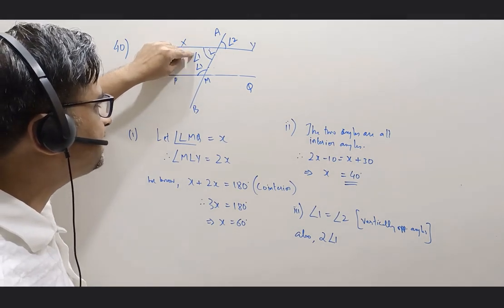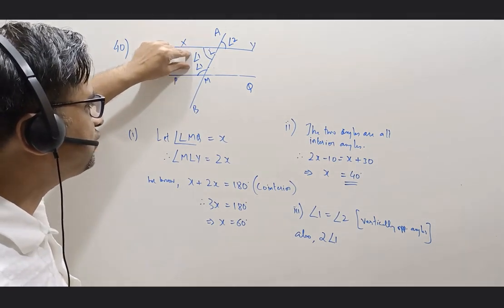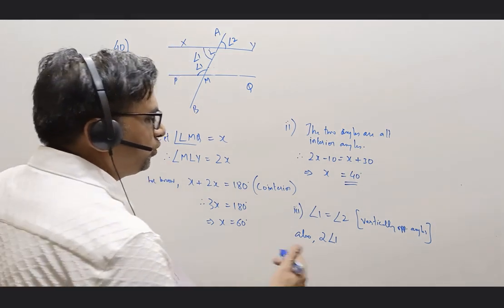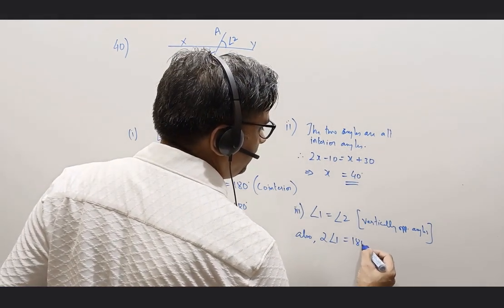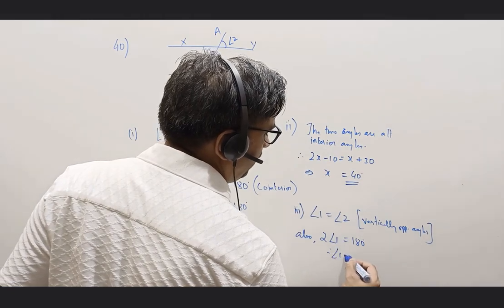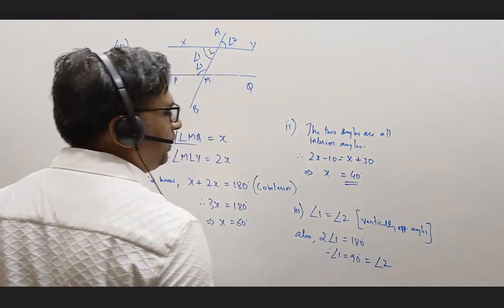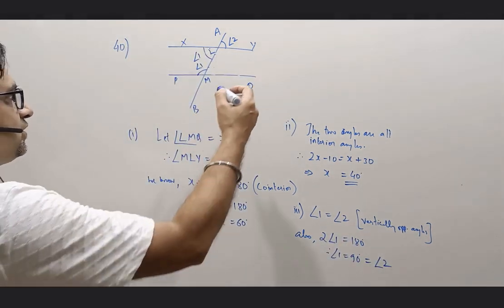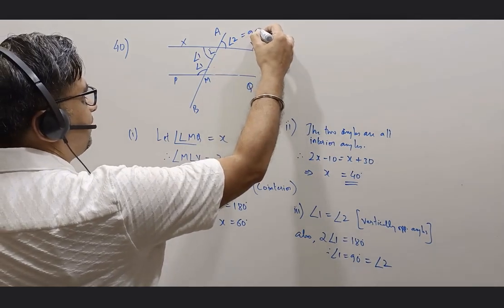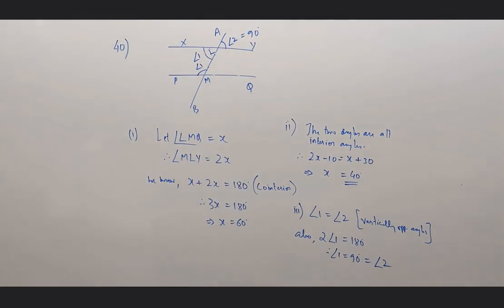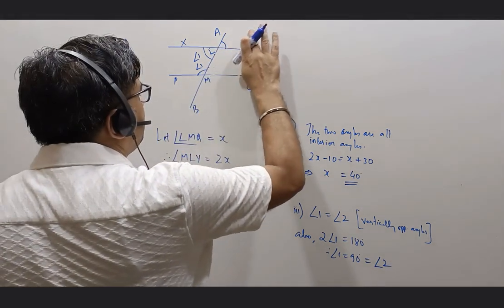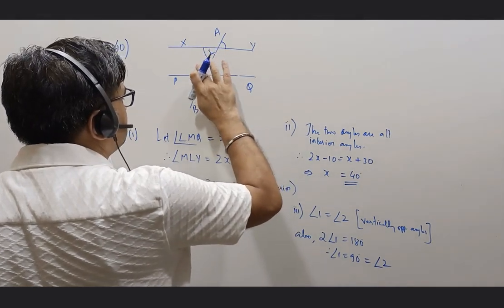So if this plus this is 180, can't I say that twice of angle 1 is 180? So twice of angle 1 is equal to 180 degrees, and therefore angle 1 is equal to 90 degrees, and because angle 1 is equal to angle 2, angle 2 is also 90 degrees. So this was the one that we are required to find, and this comes to 90 degrees. Beautiful. Next, fourth. Let me erase everything so that we use a fresh set of data for the fresh bit.